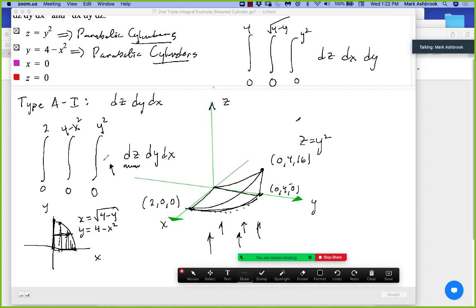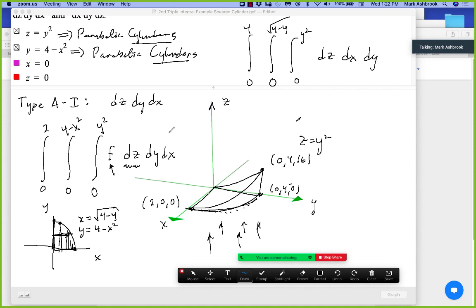If this is some function of x, y, and z, then what does this compute?